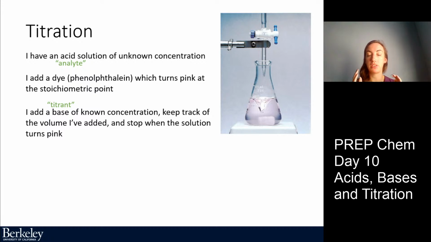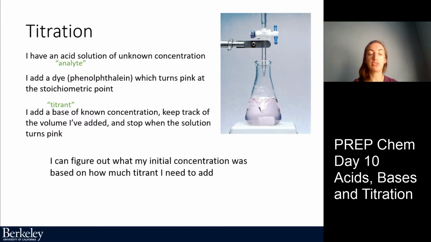I don't know its concentration. And then at the top, I'm slowly, drip by drip, adding base, and I can tell how much I've added. I stop adding more when the solution turns pink. Then I know how much base I've added at the point that the solution turns pink, which is the stoichiometric point.